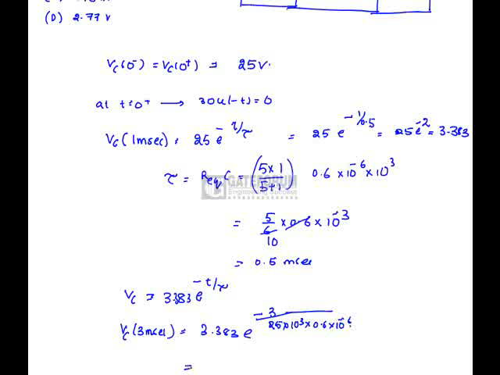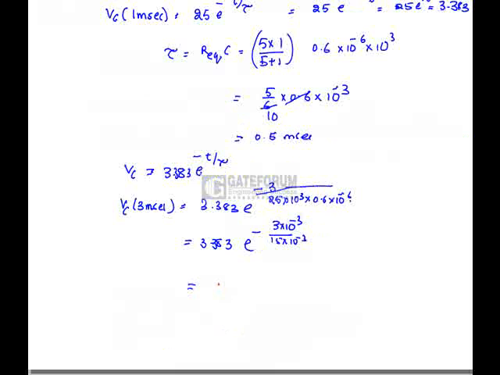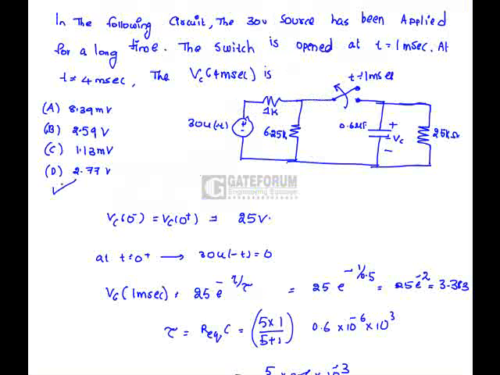So that is 3.383 into e power minus 3 into 10 power minus 3 divided by 15 into 10 power minus 3. If we solve this, we will get Vc as 2.77 volts. That is, option D is correct.